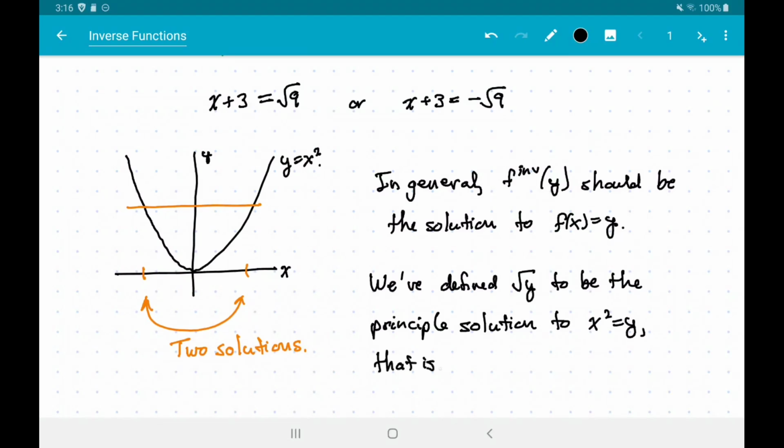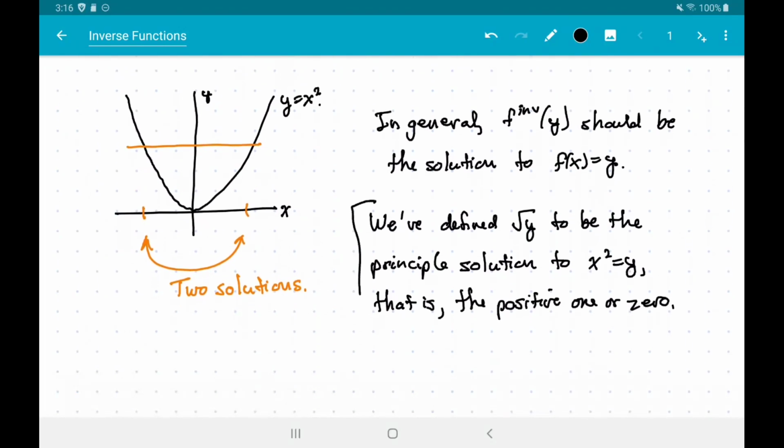That is the positive one, or 0. So that is the notation there. So this is where square roots come from.